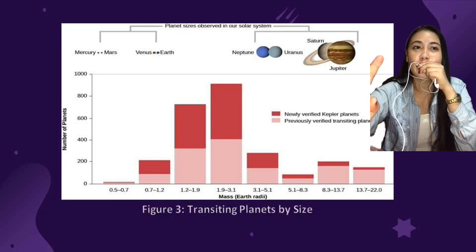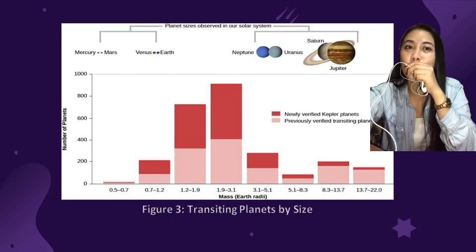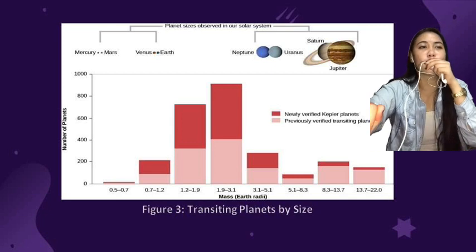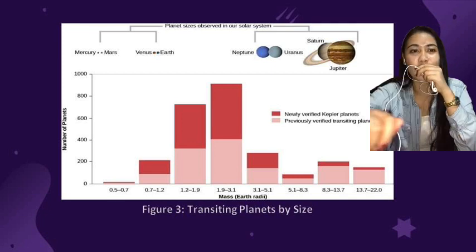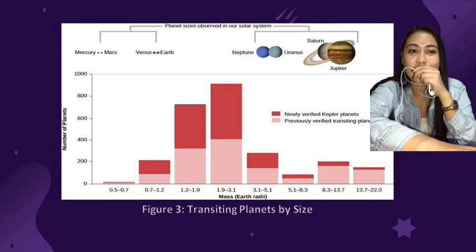Also, relatively common are super Earths. These are planets with 2 to 10 times the mass of our planet. Okay, here in our figure 3, we have transiting planets by size.